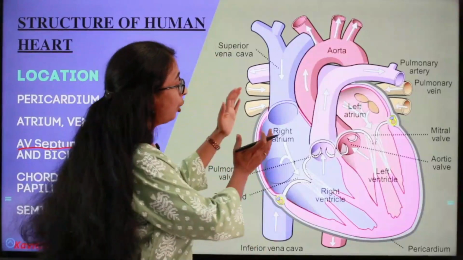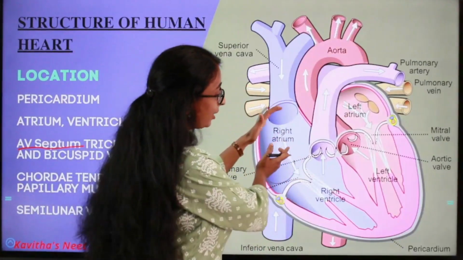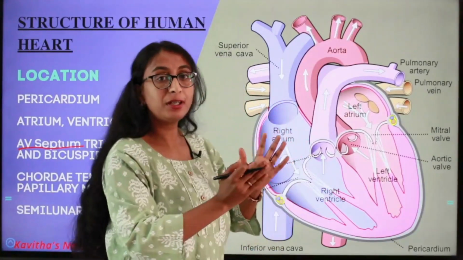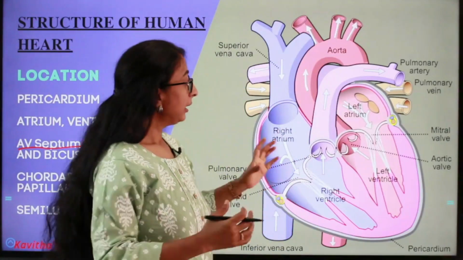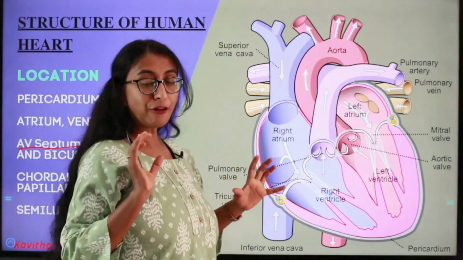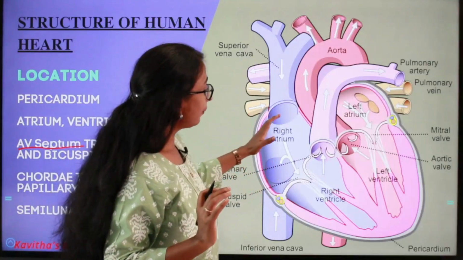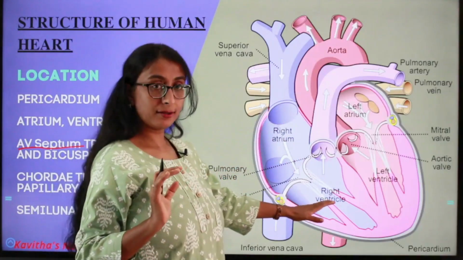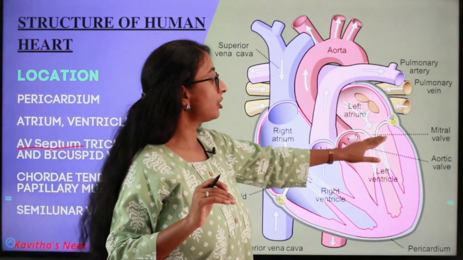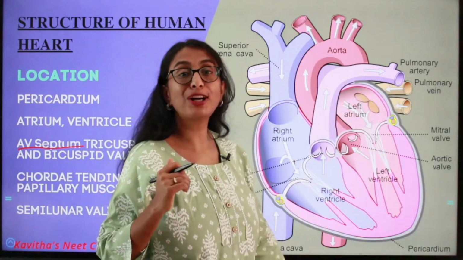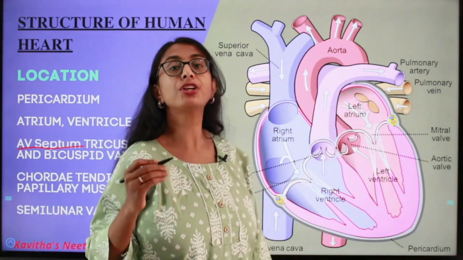On either side, the atrium and the ventricle are separated by the atrioventricular septum. There is thick fibrous tissue which separates the right atrium and the right ventricle, and similarly the left atrium and the left ventricle, and it is called the atrioventricular septum.